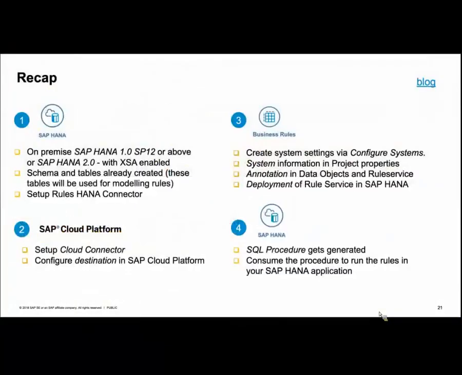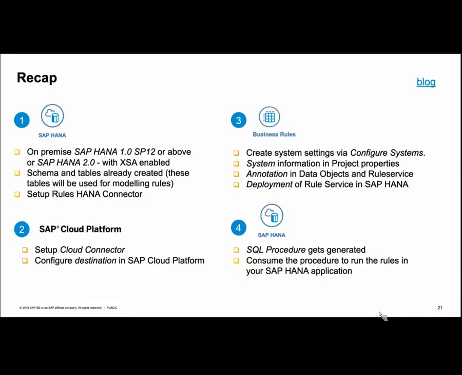Just a quick recap of what you saw with integration to SAP HANA. With SAP HANA on-premise 1.0 SP12 or above, or SAP HANA 2.0, we have published something called the Rules HANA connector, which you have to set up in your HANA system.